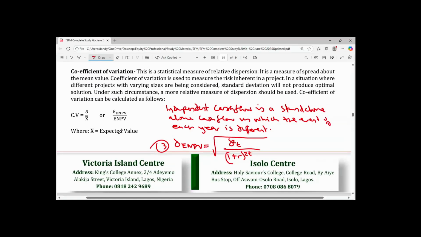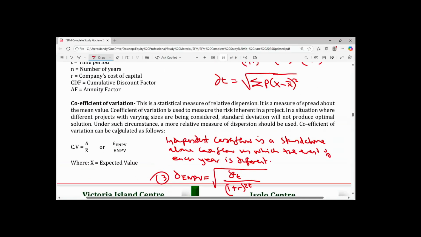Finally, let's talk about coefficient of variation. The coefficient of variation is also a statistical measure of relative dispersion. Remember, standard deviation is an absolute dispersion, but coefficient of variation is a relative dispersion and is a measure of spread about mean value.